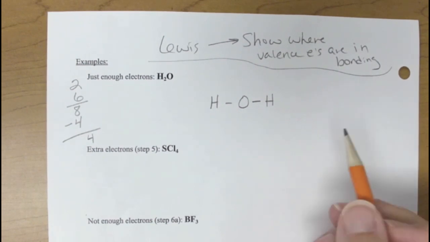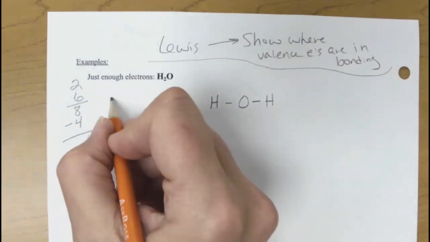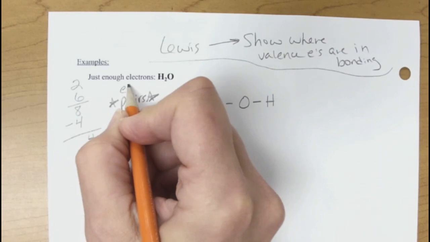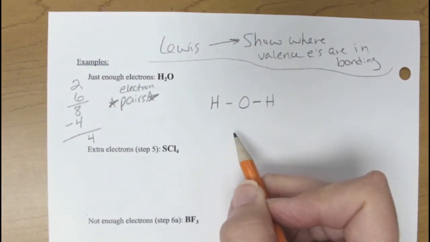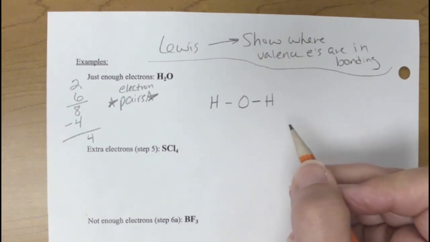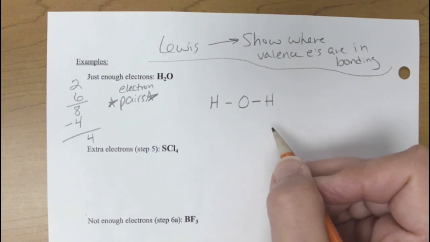So our rules tell us that we want to use those pairs of electrons. They always have to be in pairs. Electrons are always in pairs. We start on the outside and work our way in, and we're trying to make everybody happy. Hydrogen never has lone pairs, never bonds to more than one thing because it only needs a total of 2.